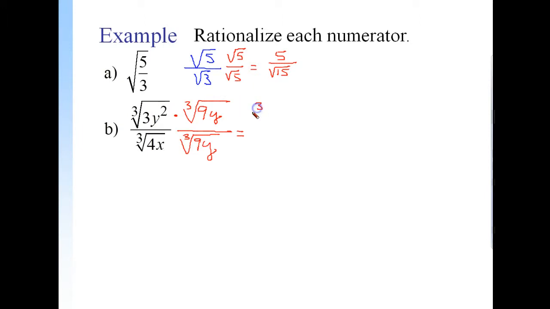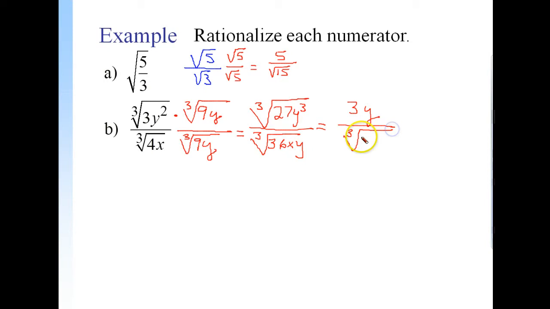Oh, I'll write it out here. 27y cubed. This is now a perfect cube. And this is going to be the cube root of 36xy. So my numerator now becomes 3y as I take the cube root of each of these, and my denominator is this.